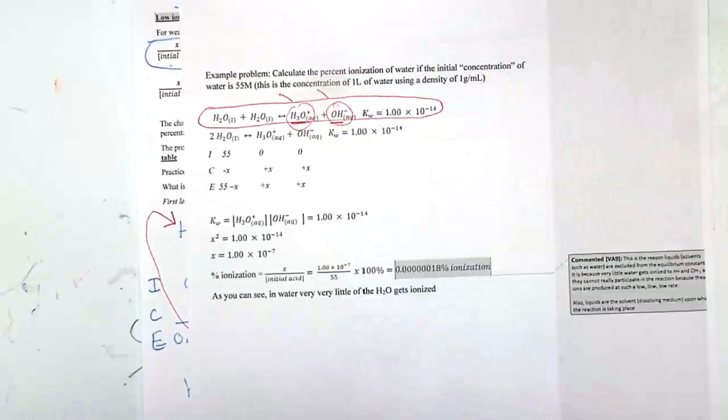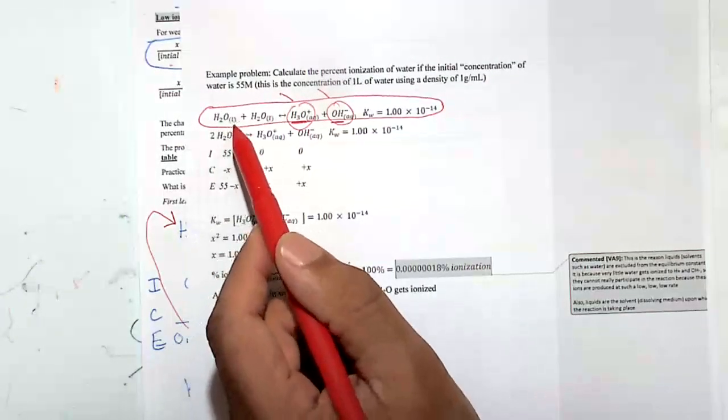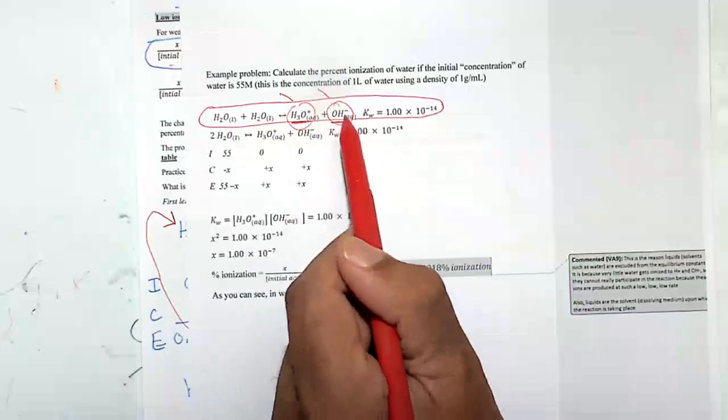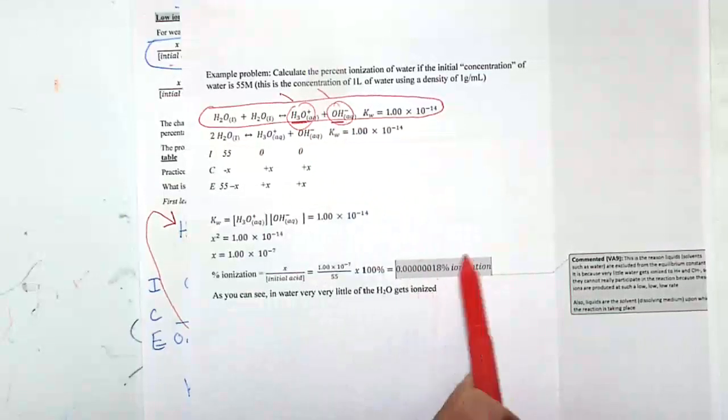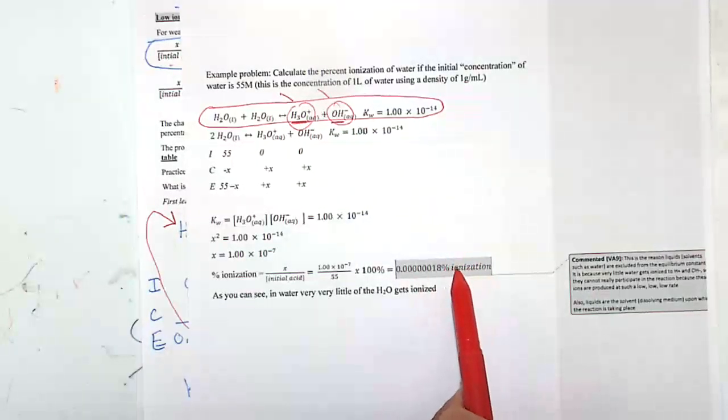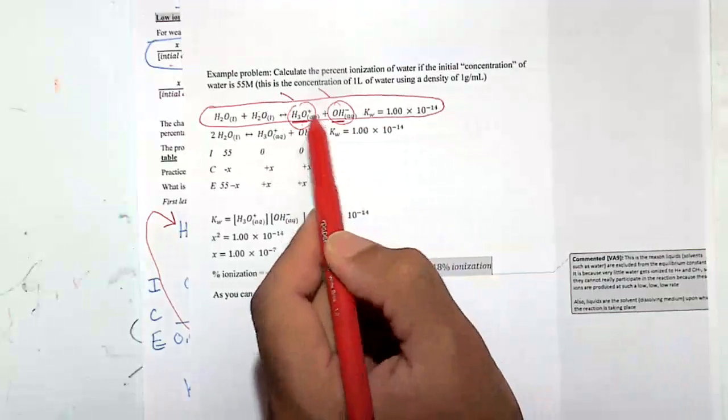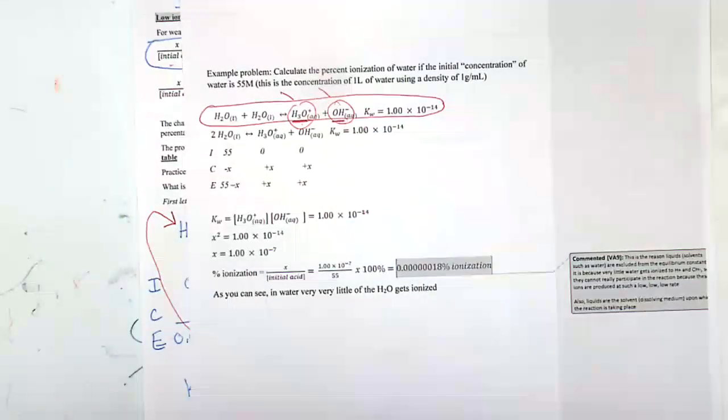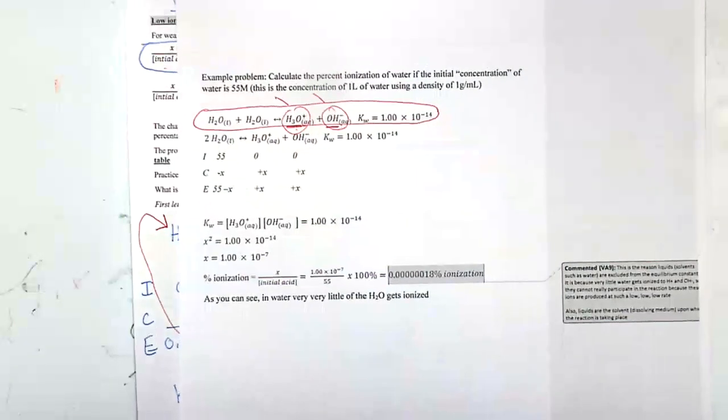So I just did that ice table for water, where water self-protonates itself to give you H3O plus and OH minus. Very, very little. If it's very pure, very little gives you H plus and very little gives you OH minus. But in biochem or some of the chemistry subjects in biology, that small amount that goes that way is still very important.